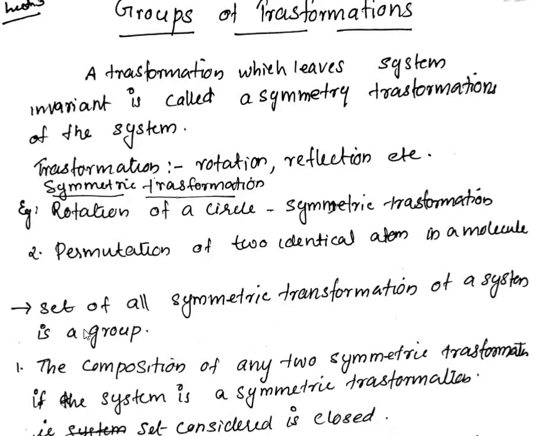The condition for these transformations to form a group is that the composition of any two symmetric transformations of the system is a symmetric transformation. We know if we do two symmetric transformations, we will get another symmetric transformation. So, the system is closed.